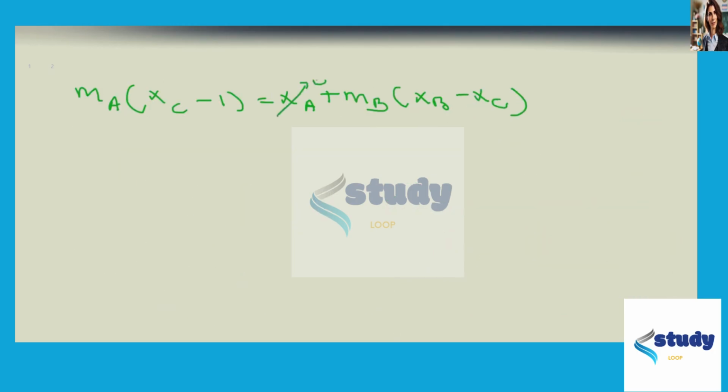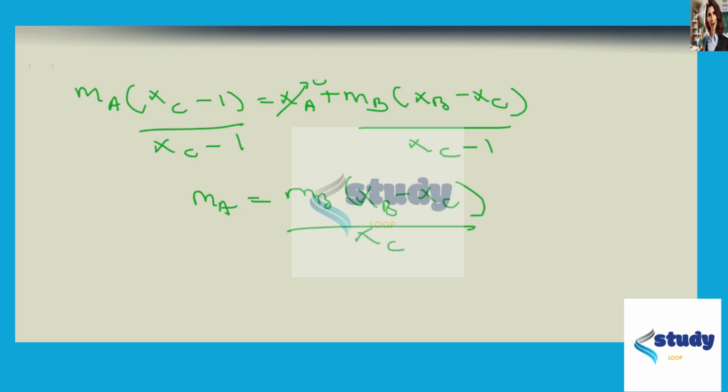So we could divide both sides by XC minus 1, and we end up with MA being equal to MB times (XB minus XC) over (XC minus 1).